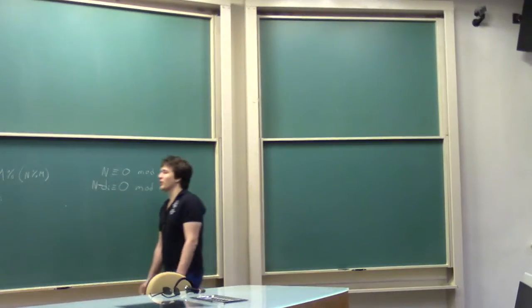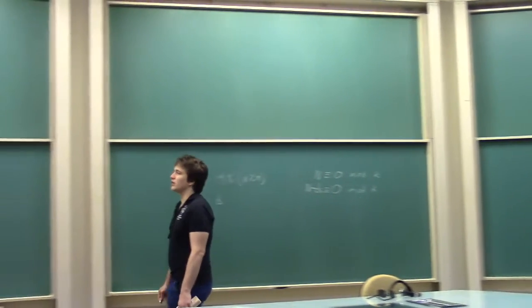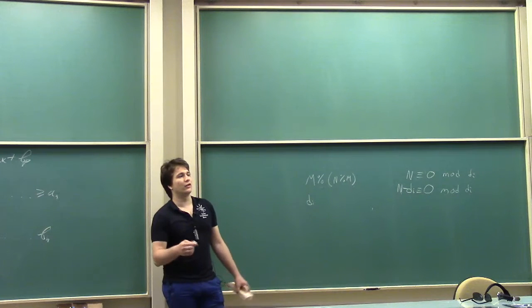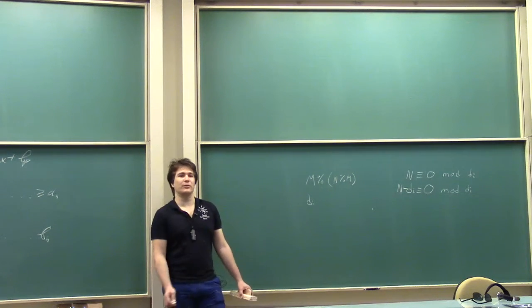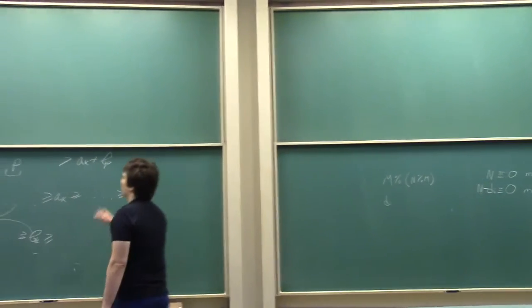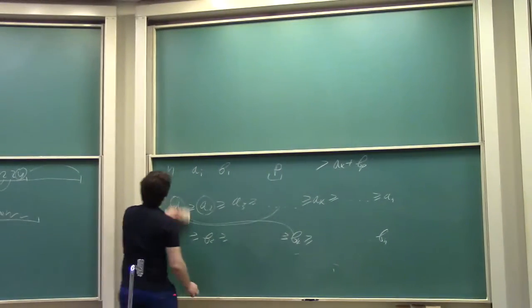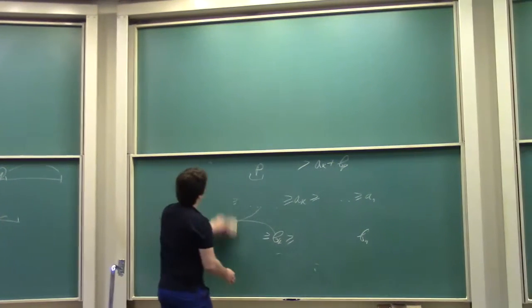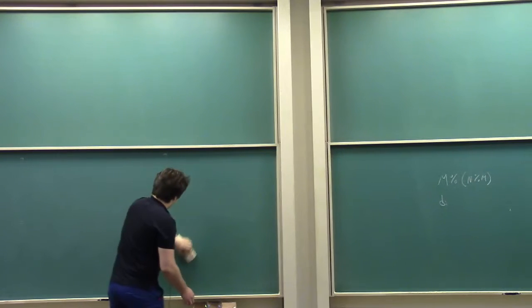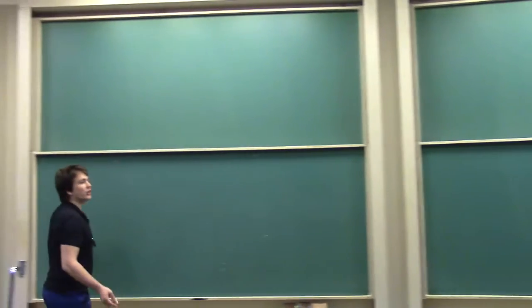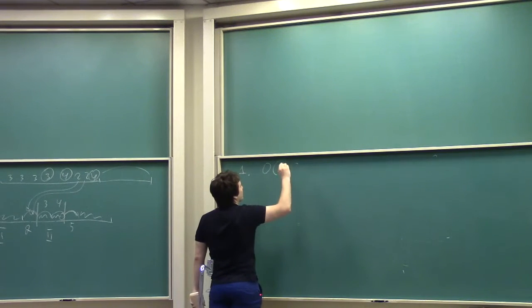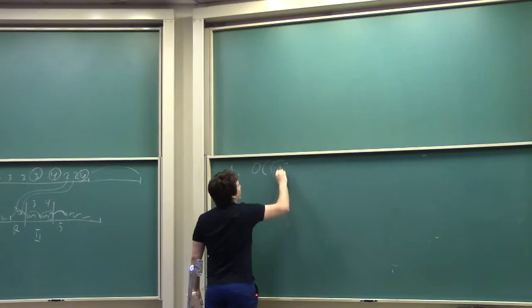But here are some tricks for cases when you actually need to factorize numbers many times. Okay, I'll erase this. So, the first approach is just square root of n.